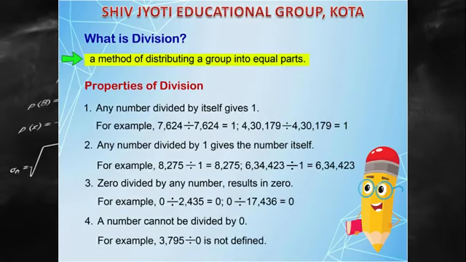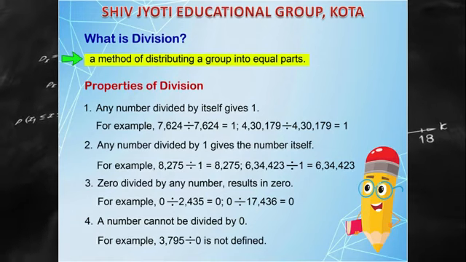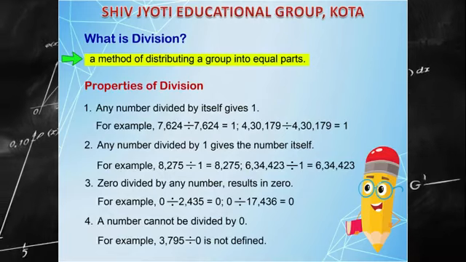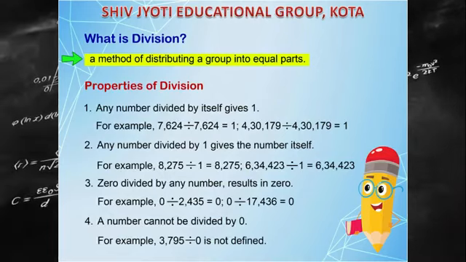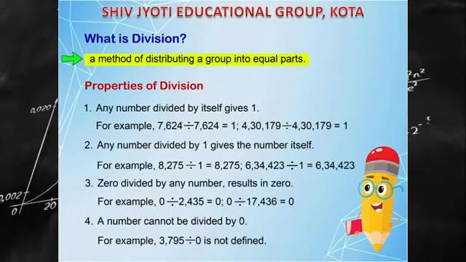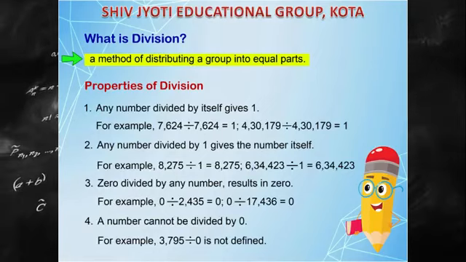For example, 8,275 divided by 1 is 8,275 and 6,34,423 divided by 1 is 6,34,423. Next is 0 divided by any number results in 0.